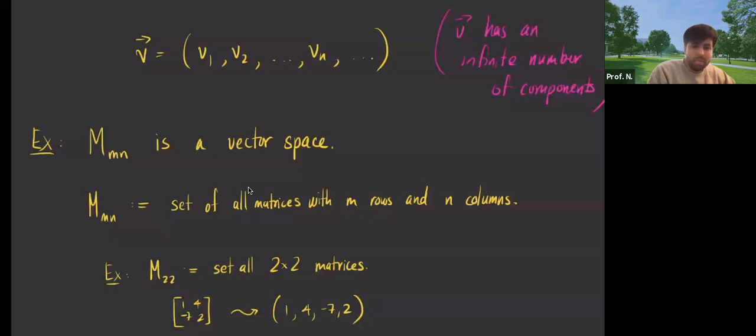So M22, this vector space of the set of 2 by 2 matrices, is similar to R4. Do you see that in the structure?